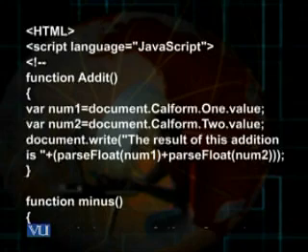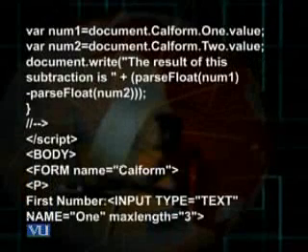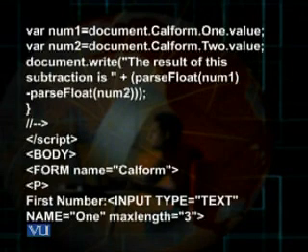Similarly, I use another function, function minus, and I define my variables in a similar fashion. So the top two statements, num1 and num2, are defined in the same fashion as in the function addIt, and then I use document.write.